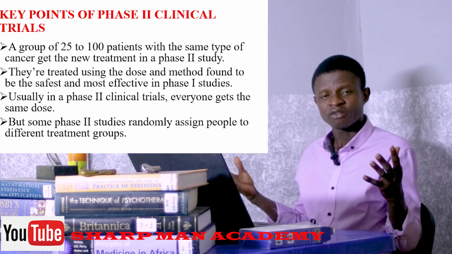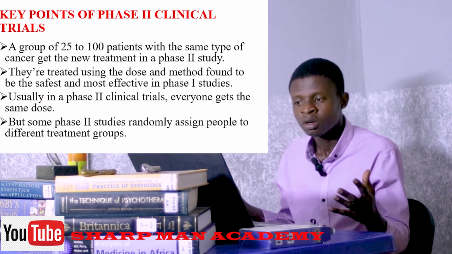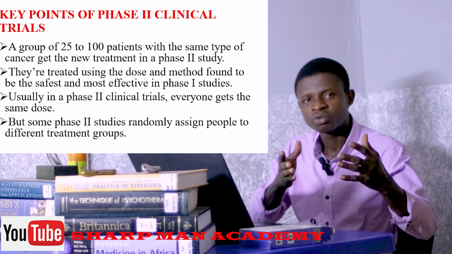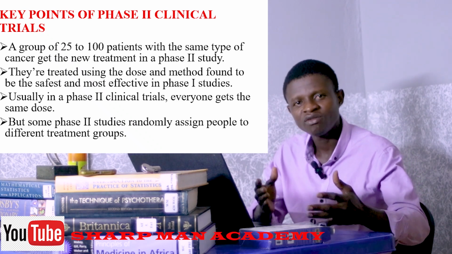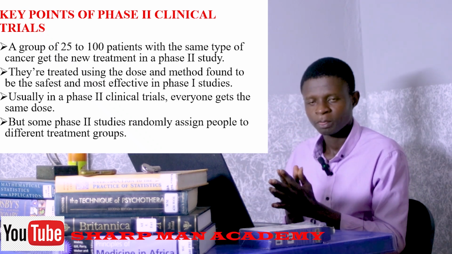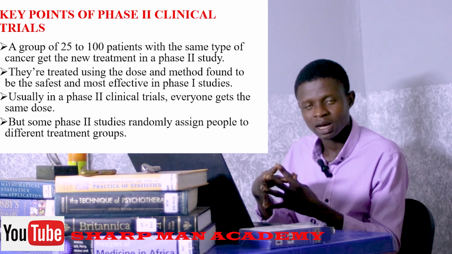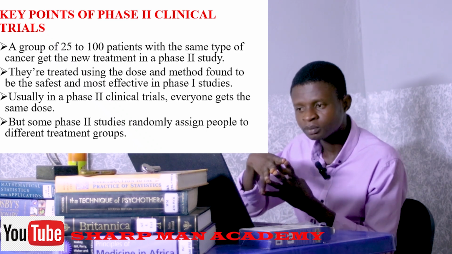And then in phase 2 of clinical trial, we recruit a group of 25 to 100 participants. So that's how many people we can recruit. And then we make sure that the people that we are recruiting all have the same characteristics.